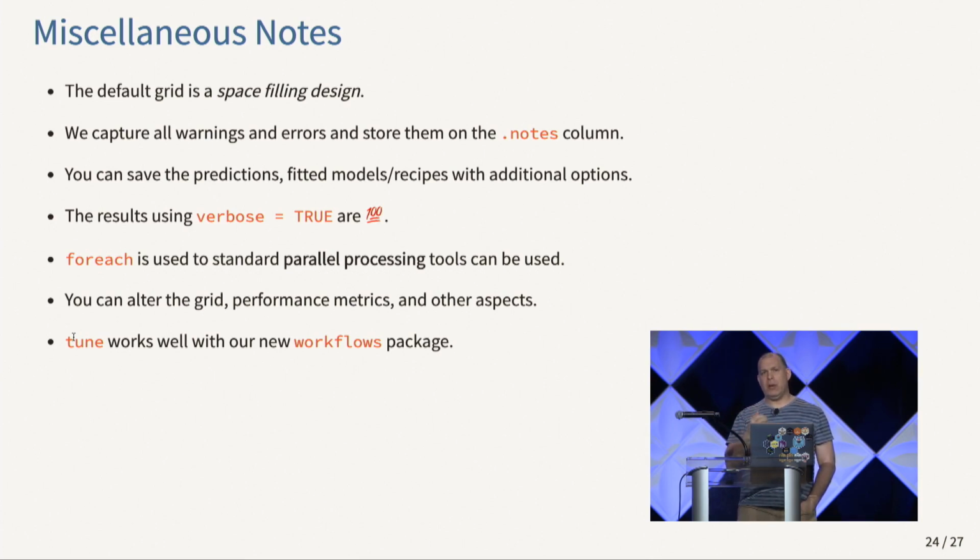So what we do is we catch everything as we go. So if you have a model or recipe that fails, it doesn't stop anything from computing. Then we capture all those warnings and errors as they go, and we can associate them back to specific things where you can go back and trace and see if, oops, I just made a mistake, or there's some weird thing in the data. So that .notes column is a tibble that basically has all that information in it.